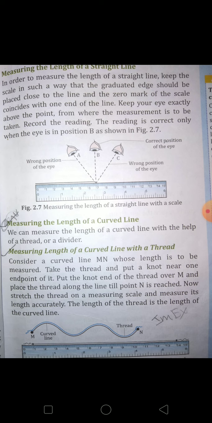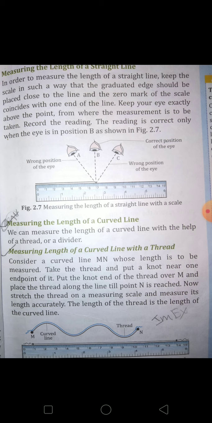Meter, kilometer, centimeter, millimeter. These units are used according to the size or distance of the things. As we are measuring the length of a small line, here we are using the centimeter scale.